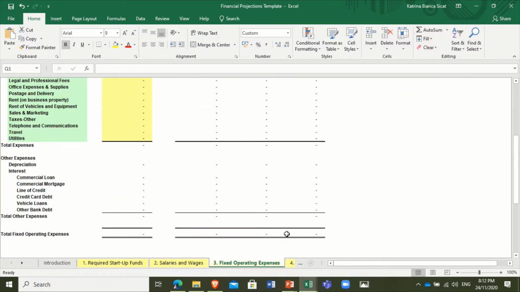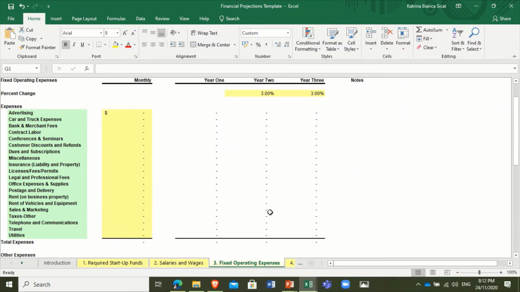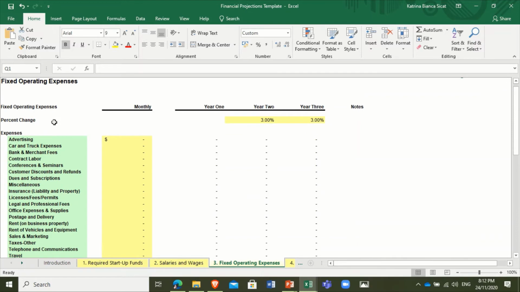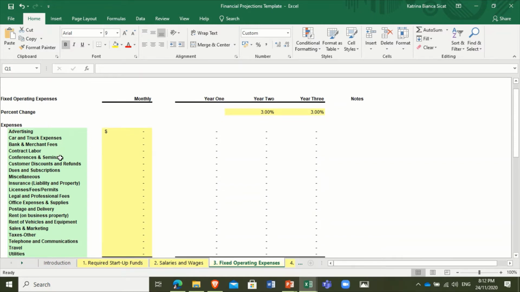Next is your operating expenses. Dito sa operating expenses, meron tayong variable tsaka fixed, 'di ba? Kapag fixed operating expenses, ito yung regardless of the sales that you make. This is regardless of the revenue that you render.